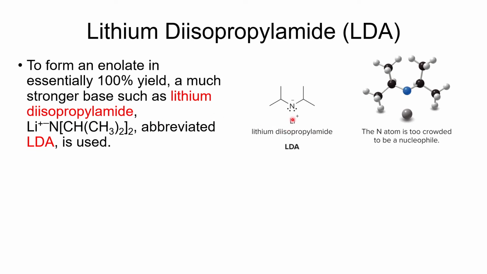Now, the downside of LDA is that you do need to know what you're doing to handle it. It's very, very reactive. It's water sensitive. If you leave it out in moist air, it will absorb moisture from the air and get converted into its conjugate acid. So this is not something to mess around with. And it's also kind of expensive.